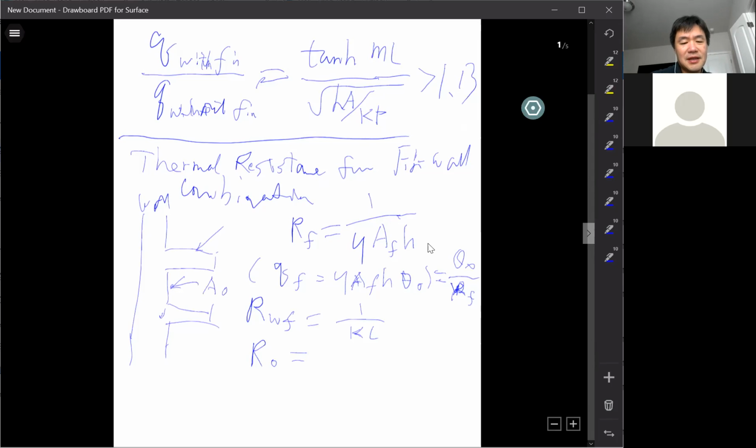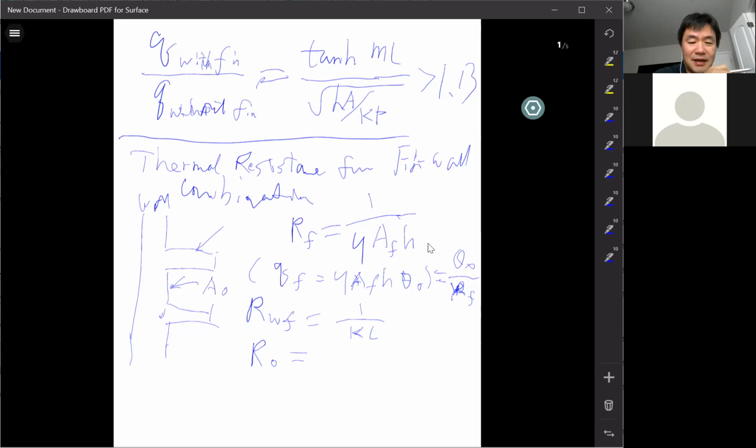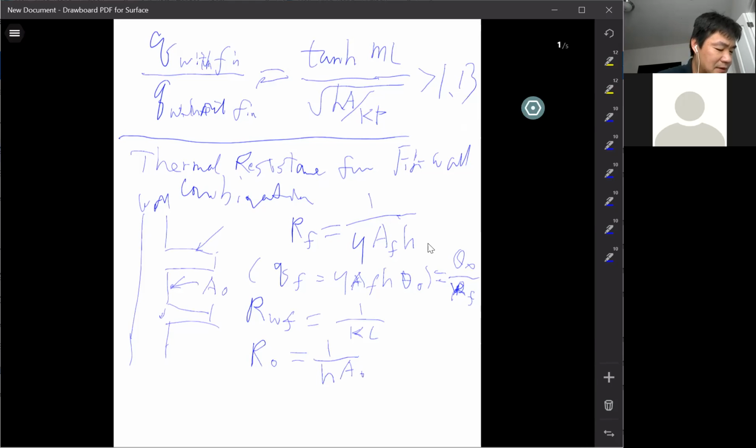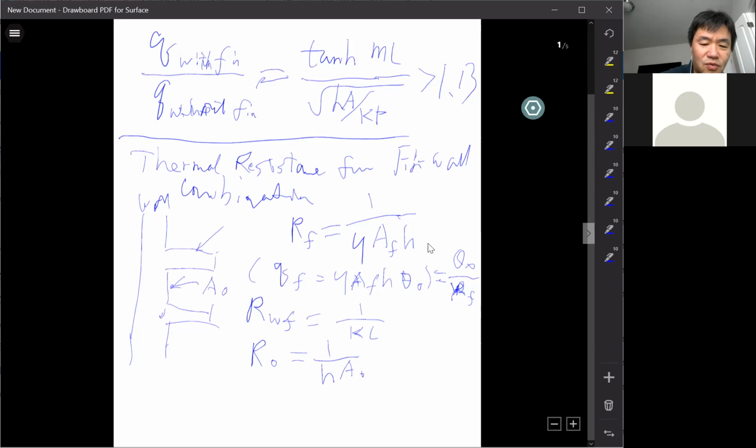In this entire system, you also have convection from those areas without the fin, so it will be 1 over HA0. And there will be another one, R wall 0, for the conduction inside the wall.